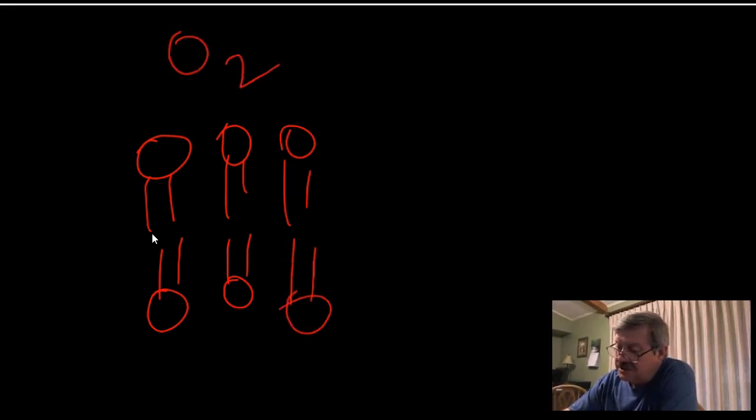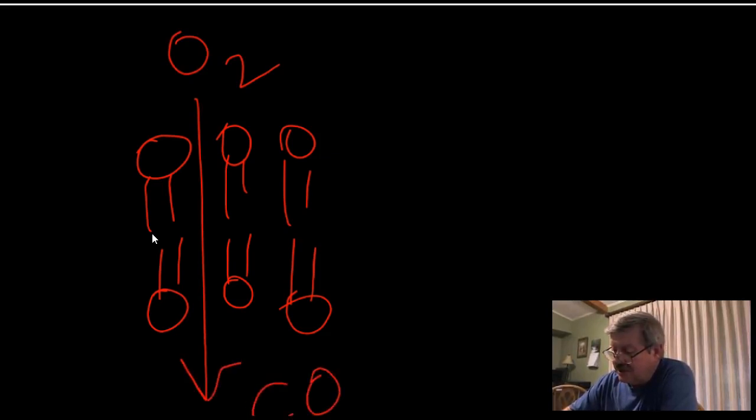So right here, here's our phospholipid bilayer. What we see is that oxygen can just freely slide between those phospholipids. Carbon dioxide, likewise, there's supposed to be a 2 down there, can just slide between those phospholipids.